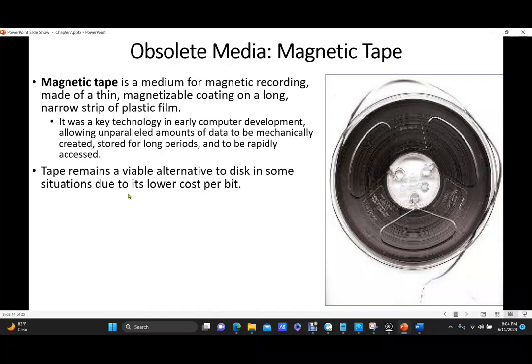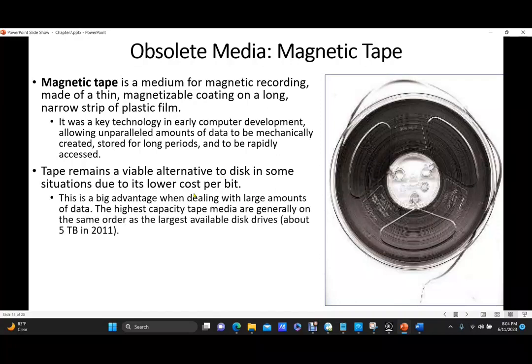Tape is still a viable alternative for some situations due to its low cost per bit for storage. This is a big advantage when you're dealing with large amounts of data.